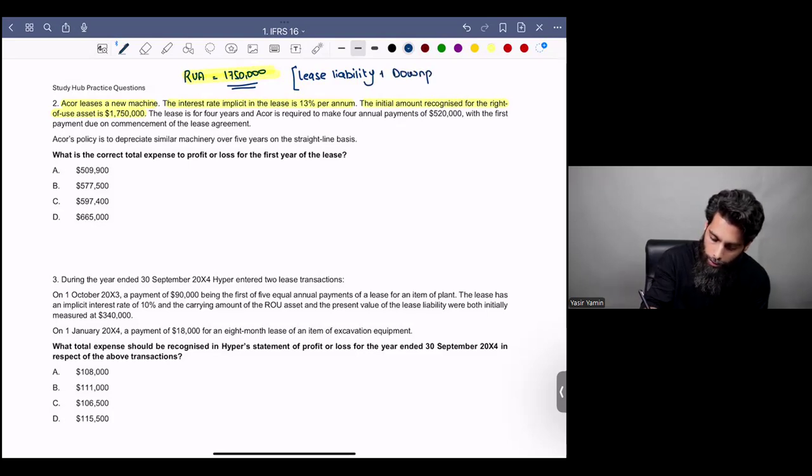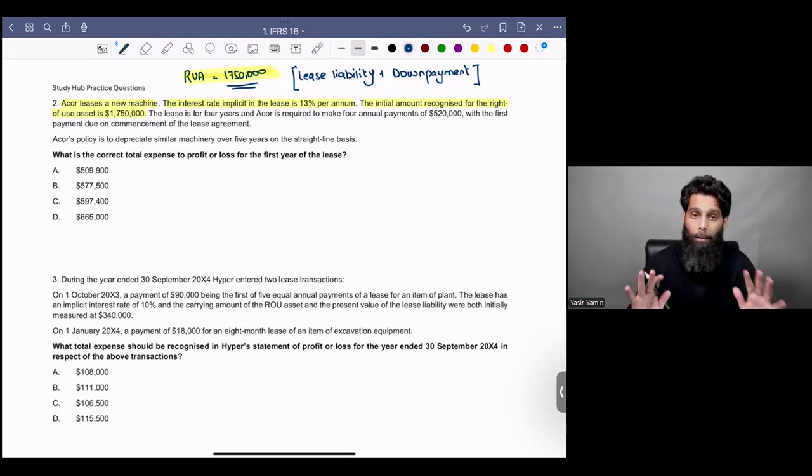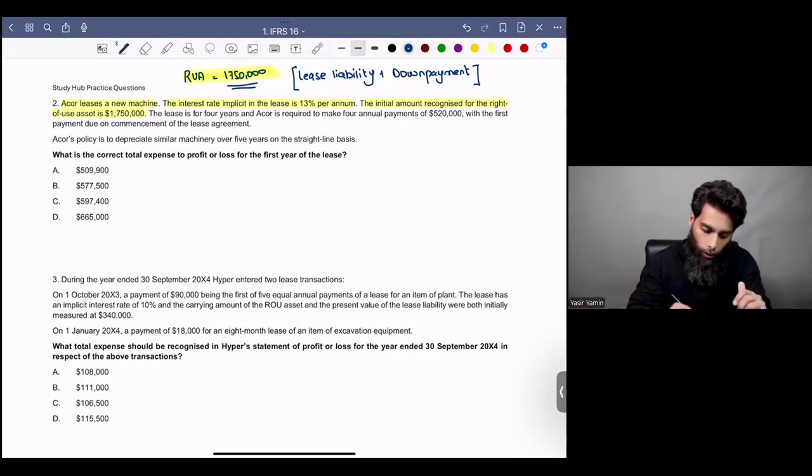Do you guys agree with this? The measurement of RUA includes down payment as well. Make sense? Very good.